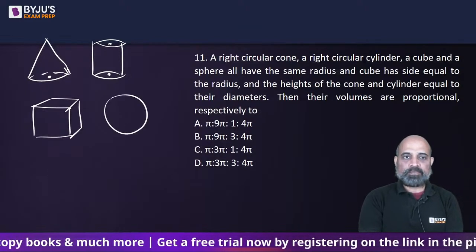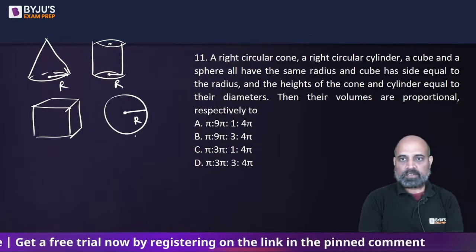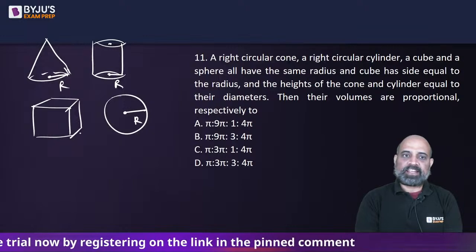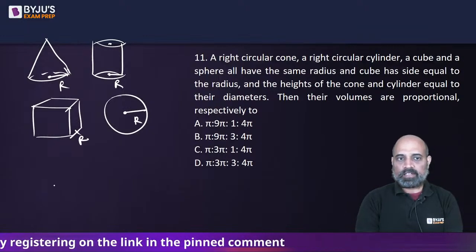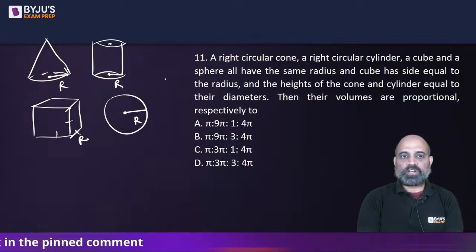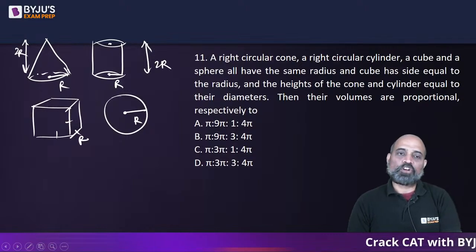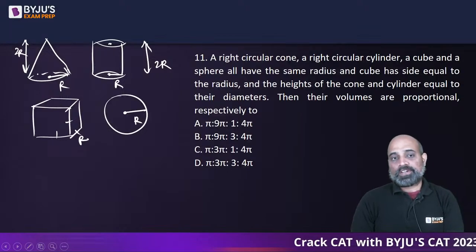They all have the same radius, r, and cube has a side equal to the radius, r, and the heights of the cone and cylinder are equal to their diameters. Then their volumes are proportional to.